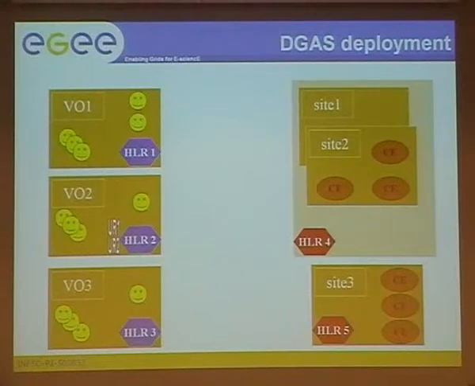As you can see, usage record 1 and usage record 2 are then available to the user home location register that is in HLR2.